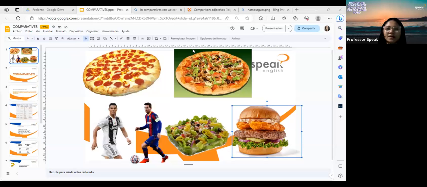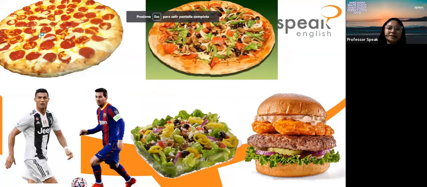So there we have today's topic, and there I have some pictures. If you can see, ladies, in here I have a pizza, then we have Cristiano, Messi, and all of those. I'm going to need your help and tell me, in your opinion, which pizza is better or more delicious?